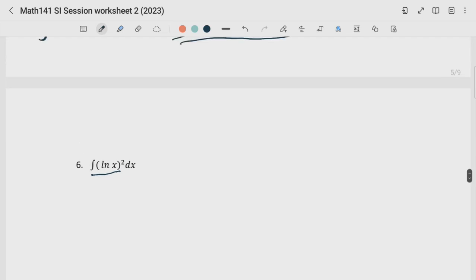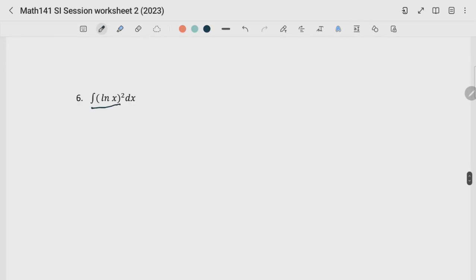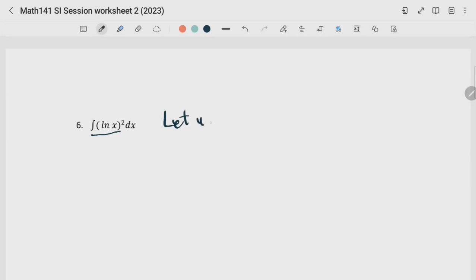So in your opinion, can u-substitution help us solve this problem? Or is integration by parts a better option? And if it is, what would you suggest to use u as and dv?